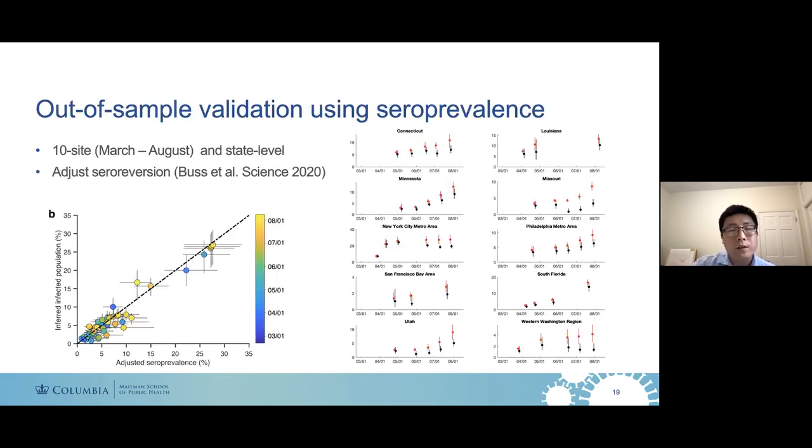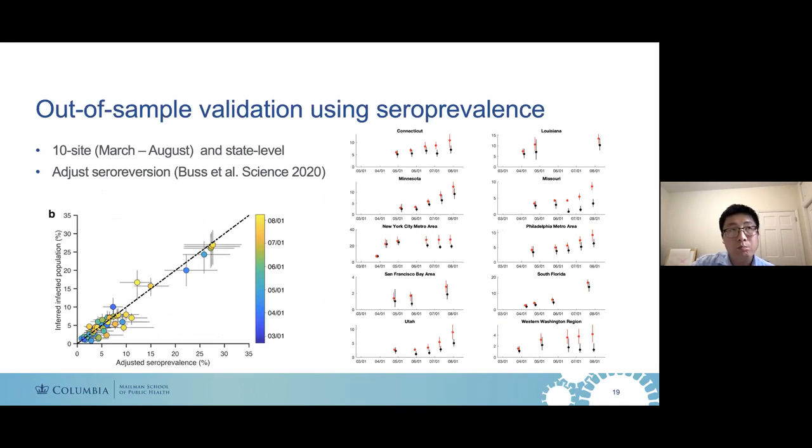So in addition to the model calibration against case data, we also performed out of sample validation using seroprevalence survey data in the US. The CDC gathered data on seroprevalence in 10 site surveillance from March to August 2020, and also state level seroprevalence surveys after August.